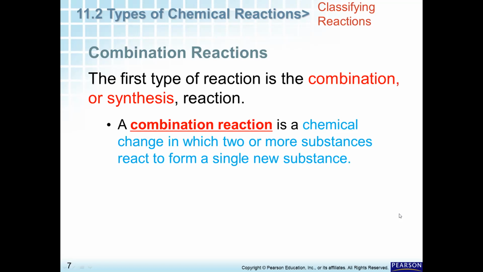What is a product? It is one single substance. So how do I know from the number of products and reactants what type of reaction this is? If 2 or more things react to form one thing, meaning you have 2 reactants and 1 product, definitely this is a combination reaction.